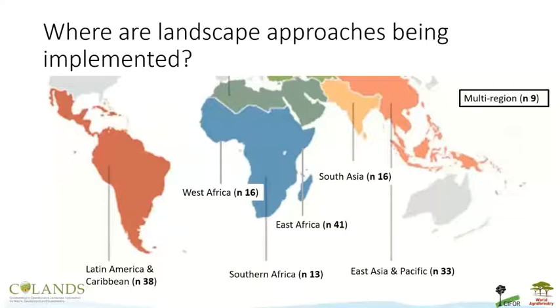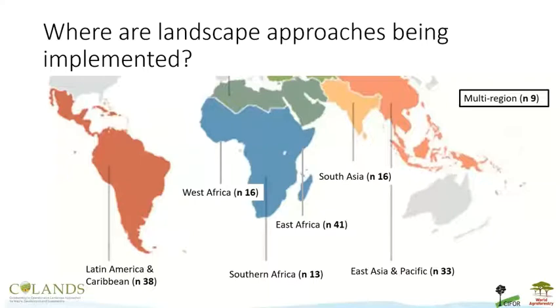Out of the 174 examples, we didn't find any of those landscape approaches showing a negative outcome, which, on the one hand, seems really encouraging, that we have 174 positive examples of win-wins or triple wins.